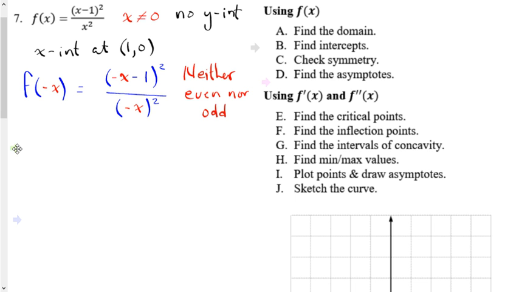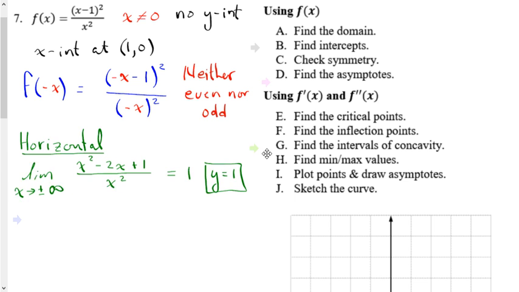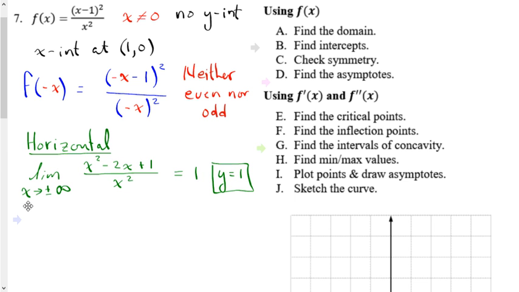Well, let's think about asymptotes. Horizontal asymptote, as x approaches infinity, we have this function, and I didn't show the details, but you'll remember our process was to multiply the numerator and denominator by 1 over x squared.